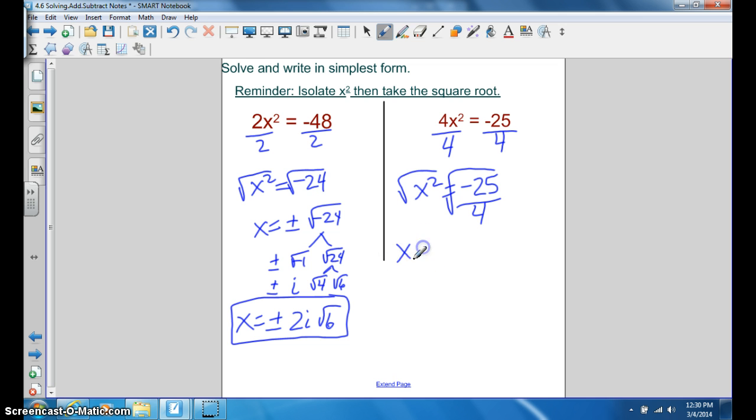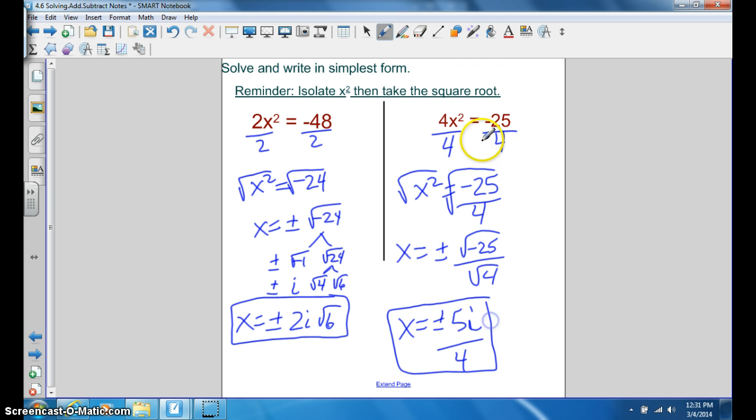So we have x equals plus or minus the square root of negative 25 all over the square root of 4. We see that these are both perfect squares, and the square root of negative 25 is 5i, and the square root of 4 is just 2, so we have 5i over 2, not 4.